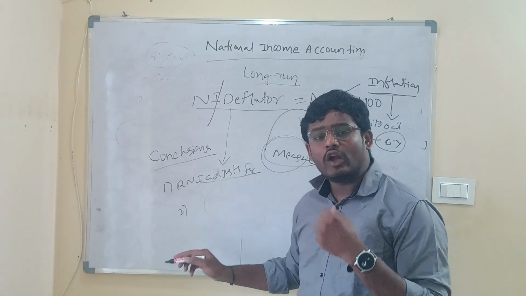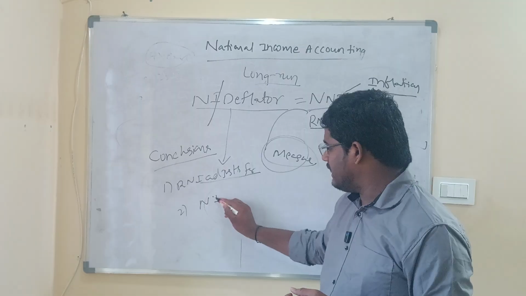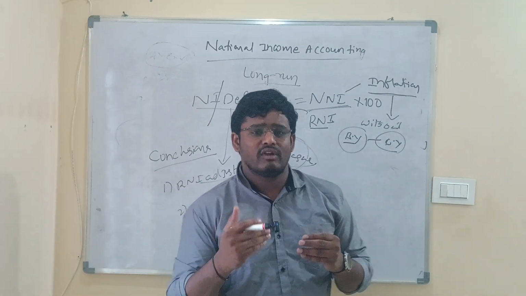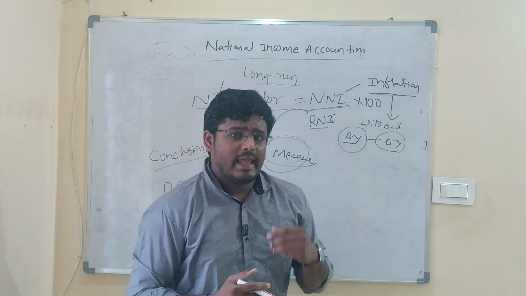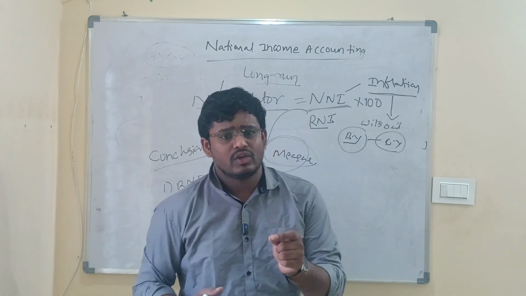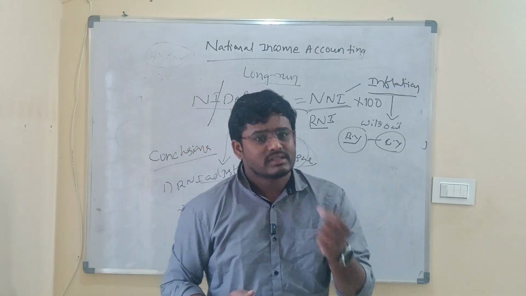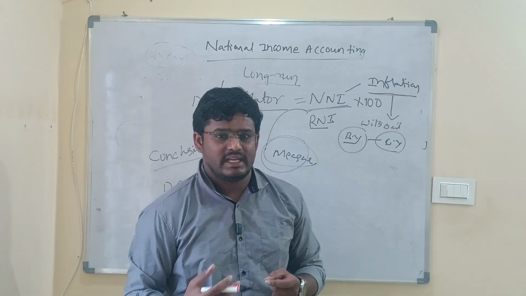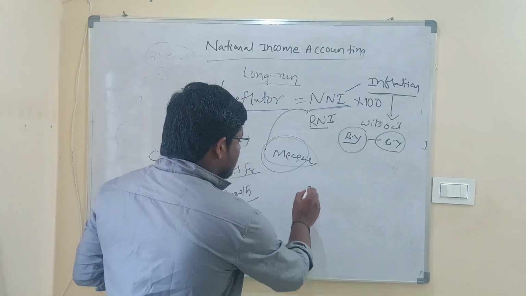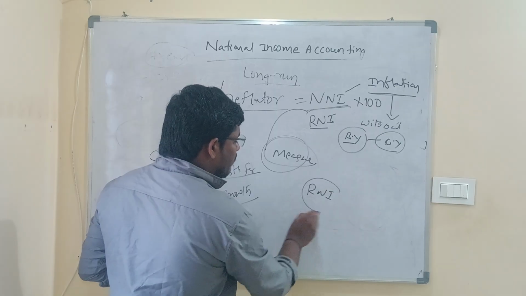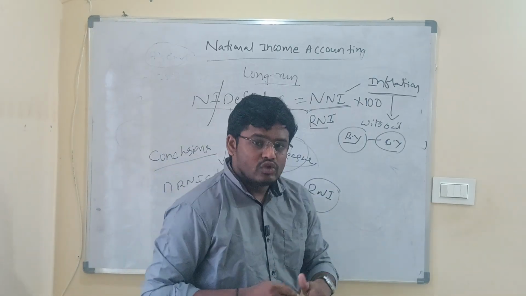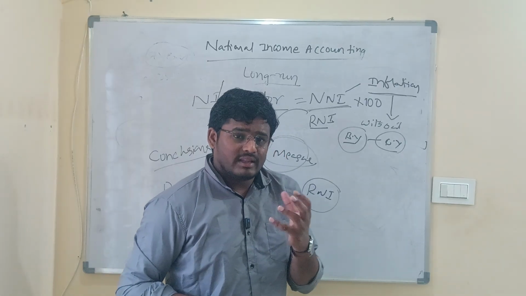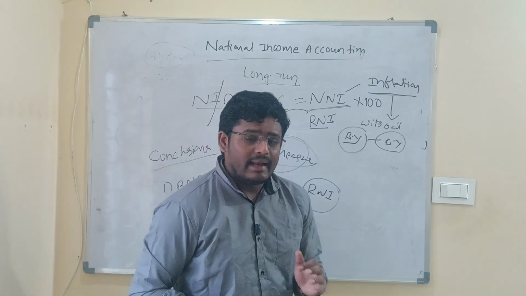And when we want to compare the national income growth or GDP growth of our country, that is, India grew 7% this year, 8% this year, or in this month, or this quarter grew 3%. To measure such national income growth or GDP growth, we consider the real national income only, but we do not consider the nominal national income. So for comparing the growth of national income within the countries, we use real national income.